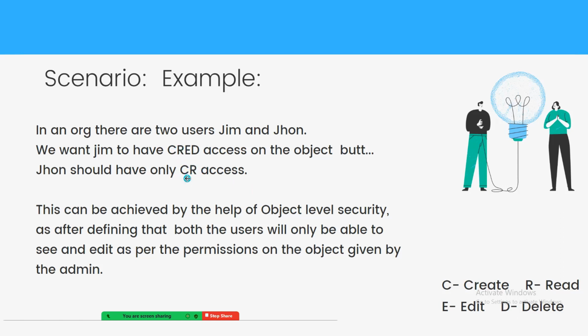And for Jim, as we want him to have all the access for that object, we can assign Jim a permission set for edit and delete access, so that Jim can perform both these activities, but John will not be able to do that. Okay, so we'll be discussing another example also further.